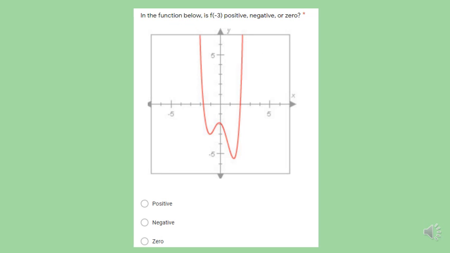I think the most missed question on the quiz was this one, where it says, is f of -3 positive, negative, or 0? Well, what you want to do with this is you want to figure out where -3 is, like on the x-axis, and that means we want to go over toward the left-hand side. And the question's basically asking, is the y value on the graph there positive, negative, or 0?